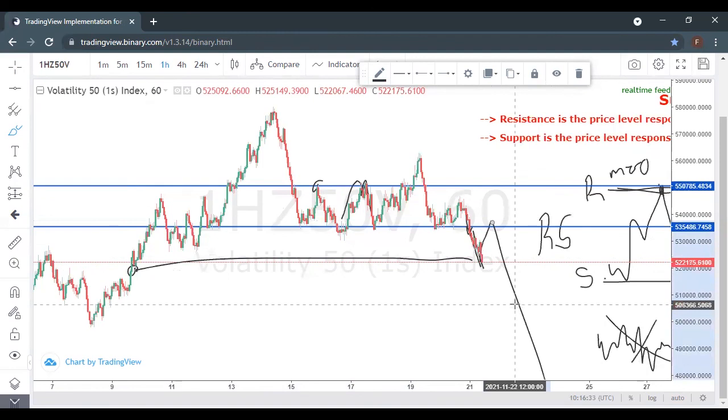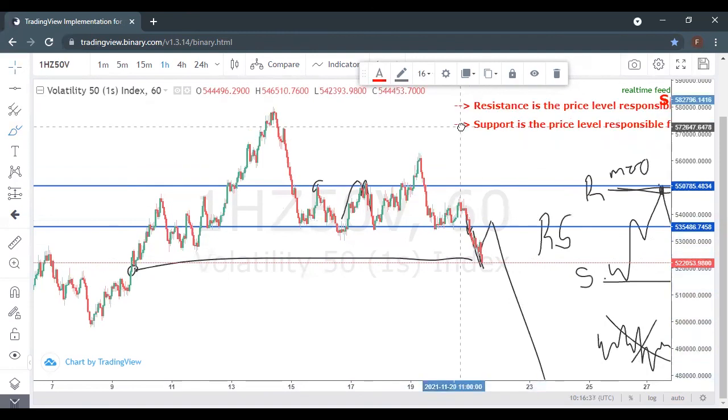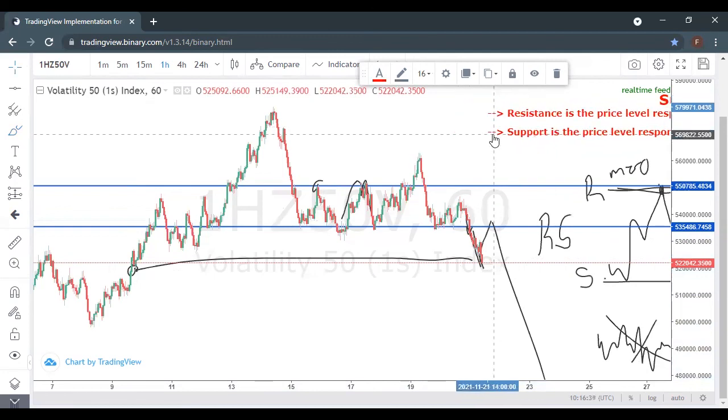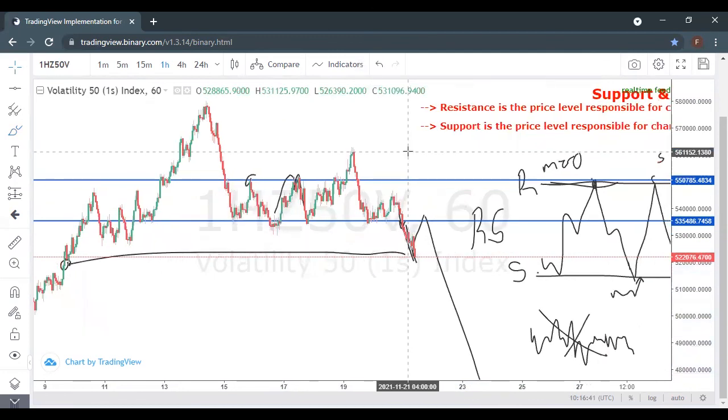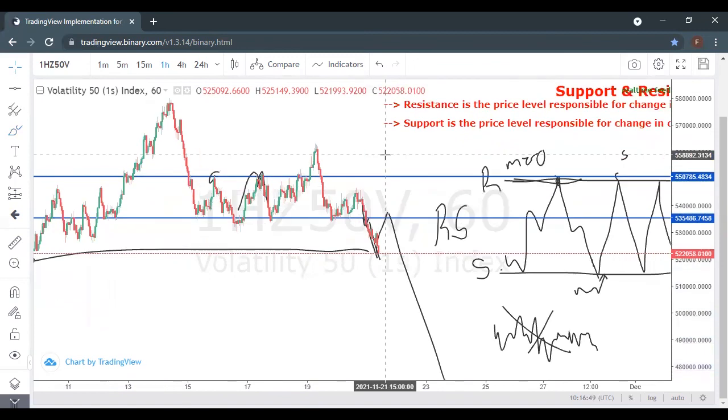So you just have to be patient in this game, right? Patience is the key. If you are not patient enough, you will not make money. You always make losses trading at places where you are not supposed to be, in zones where you are not supposed to be trading.